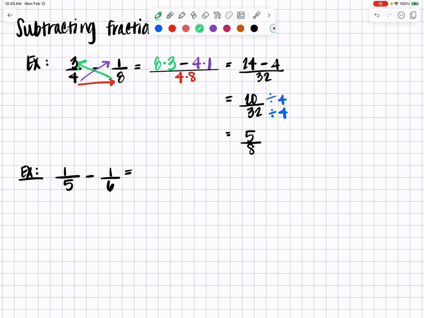So I'm going to multiply from the bottom right to the top left. I'm going to keep my subtraction symbol. And then I'm going to multiply from the bottom left to the top right. Then I multiply straight across.